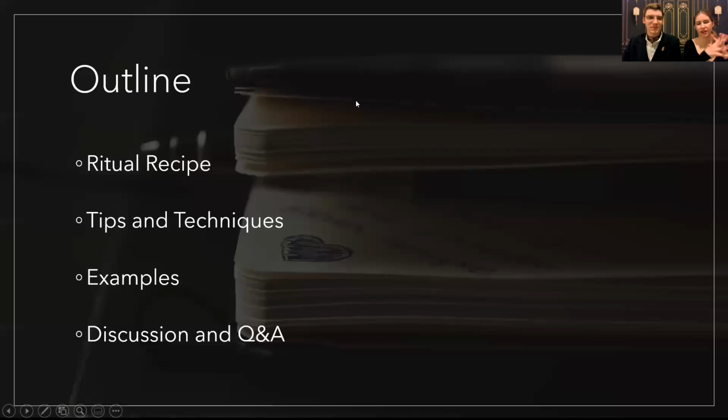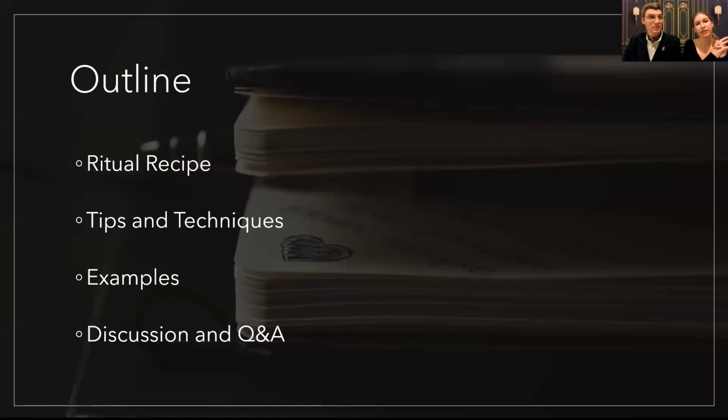Here's what we're going to be talking about. We're going to talk about what is a ritual recipe. What are all the steps we need to take and follow in order to create a delicious magical dish? What are some tips and techniques for how to make ritual effective?